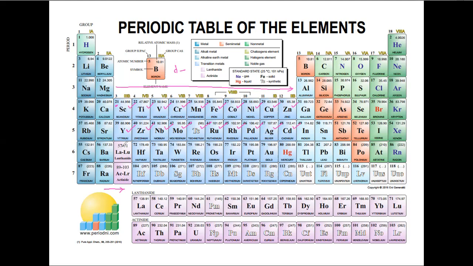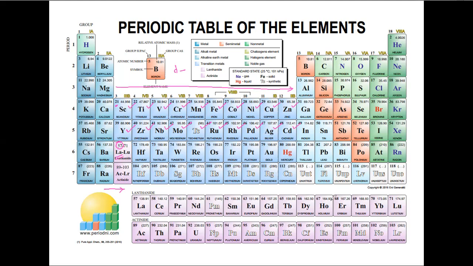Okay, now coming to this third transition series, only 57 is what you have to consider. 57 is lanthanum, third transition series. The first element is lanthanum. The elements after lanthanum are called lanthanides, right?